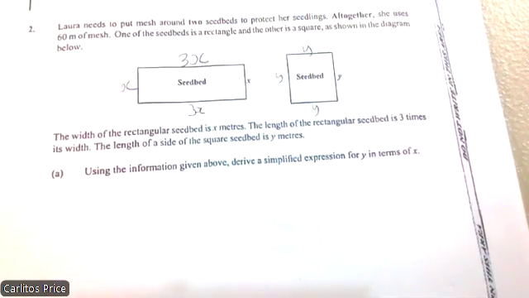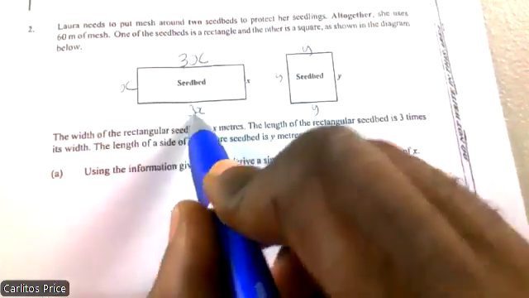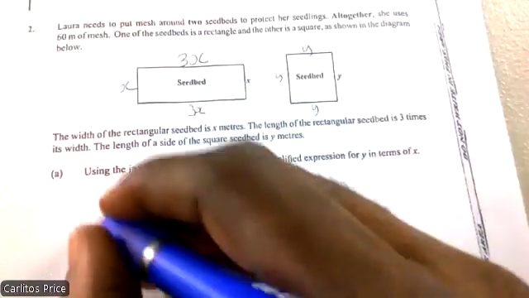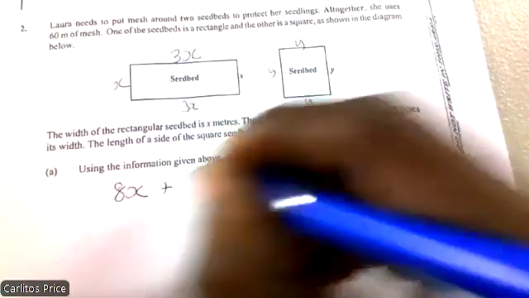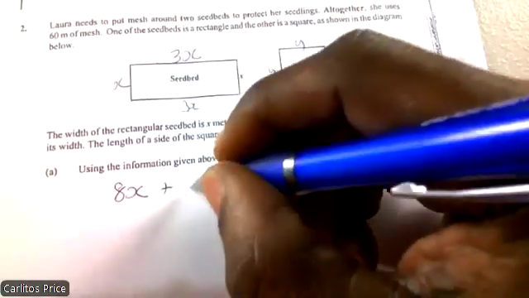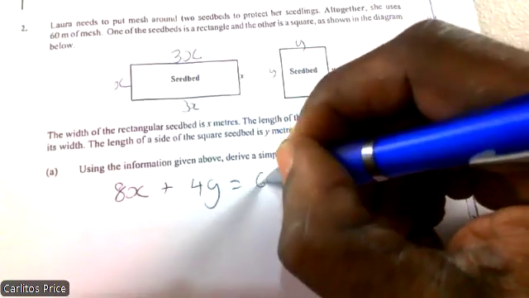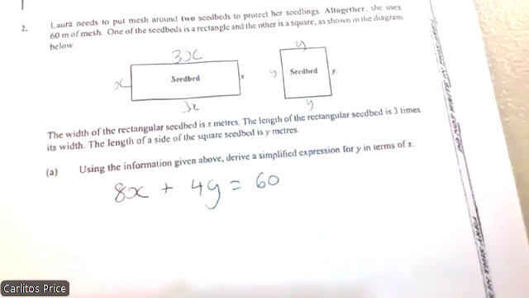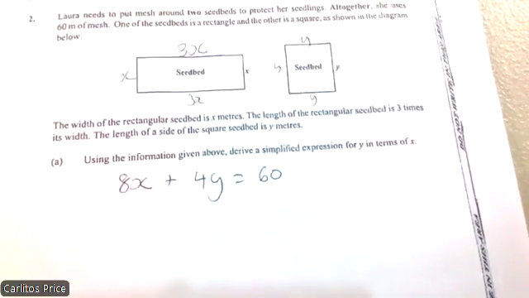That's how we're going to make our equation. 3x plus x is 4x, plus another 3x, that's 8x, and then we have 4y's. 4y is equal to 60. That's it for the first part. Pretty simple. So 8x plus 4y is equal to 60.